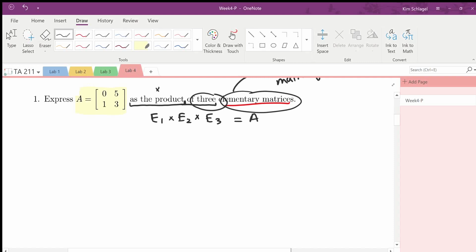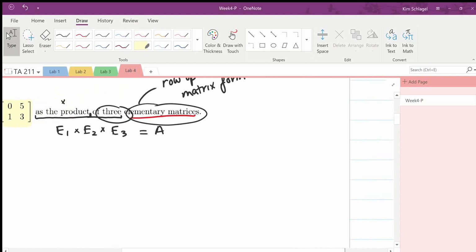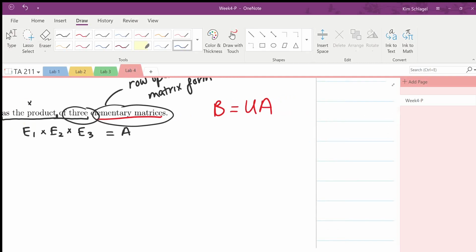Okay, so I'm going to introduce you to one of the formulas that I believe you're given, which is B equals U times A. Here your U is just the product of your elementary matrices.